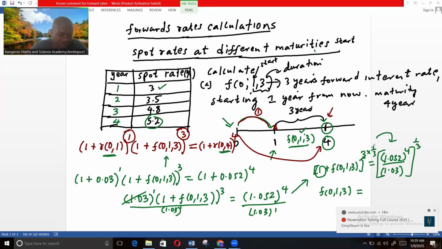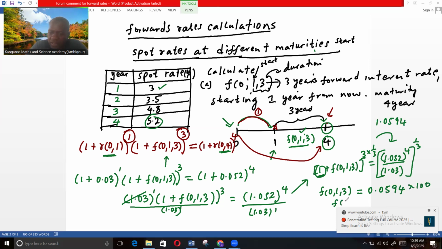This gives me 1.0594 if we're rounding to 4 decimal places. Then now we have to subtract 1. If you subtract 1, it gives us 0.0594. Then we multiply that by 100.